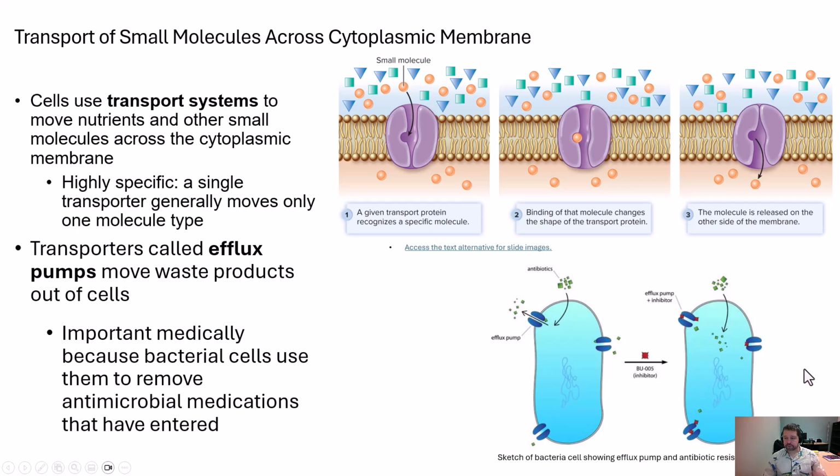One of those inhibitors that we've generated somewhat recently is BU005, and that seems to inhibit some efflux pumps. So when the antibiotic gets in, if that efflux pump is active, sometimes it's pumped out. If it's not active or it is inhibited, then that antibiotic would sit in here and do what antibiotics do.